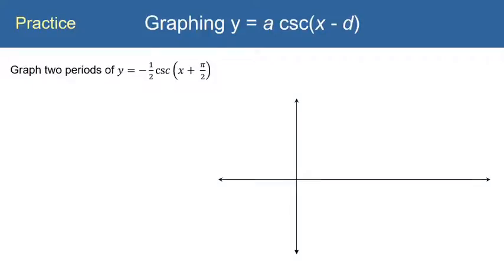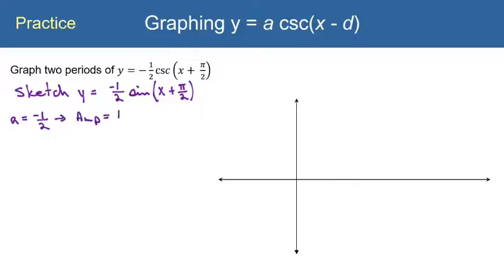Okay, we have one last graph to look at together. This one is negative 1/2 cosecant of x plus pi over 2. So the first thing that we know we need to do is get our guide graph. It's going to be negative 1/2 sine of x plus pi over 2. And we see that a is negative 1/2, which means that amplitude is 1/2.